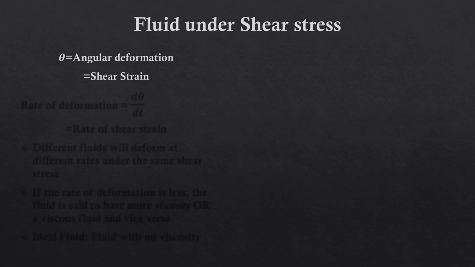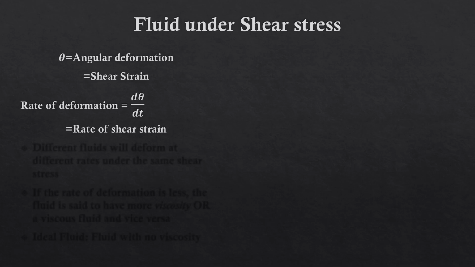The strain will keep on increasing even if we do not increase the stress, even if we put a constant stress. So in that case, instead of measuring the shear strain itself, we'll measure something else, which is the rate of shear strain or rate of deformation, and that will be given as d theta by dt.